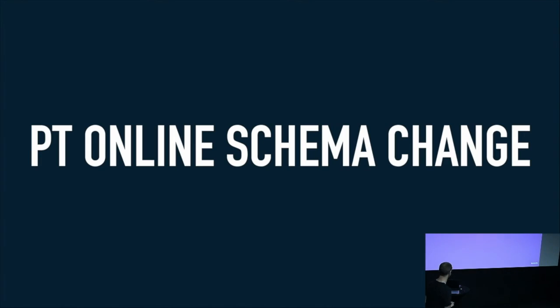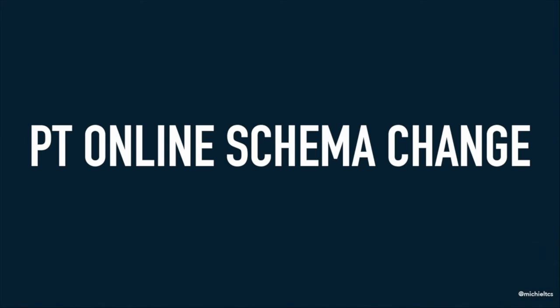Another tool that I want to briefly discuss is the Percona online schema change tool. This was written by Percona, the folks doing a lot of consulting around databases. Basically, what PT Online Schema Change does is add triggers to forward changes on tables.